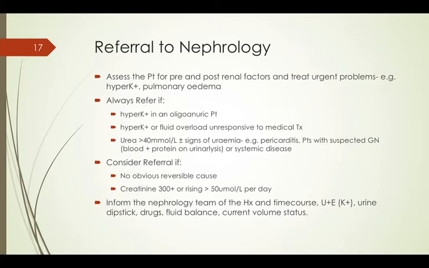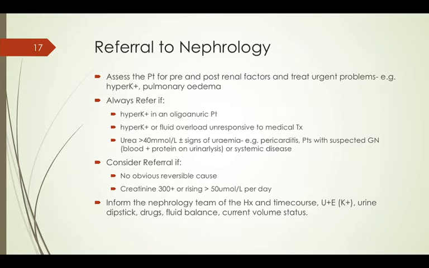So, referring to the nephrology team. So you should assess the patient first, have a think whether you think it's pre-renal, intrinsic renal, or post-renal, and make sure to treat very unstable conditions, things like hyperkalemia, pulmonary edema. Make sure you've started some kind of management plan.